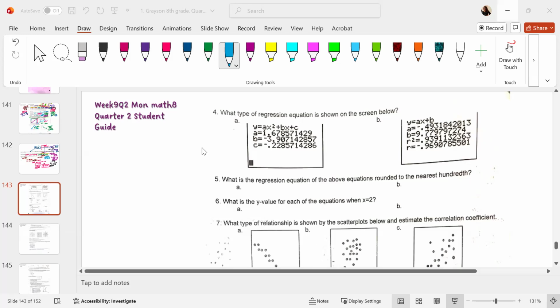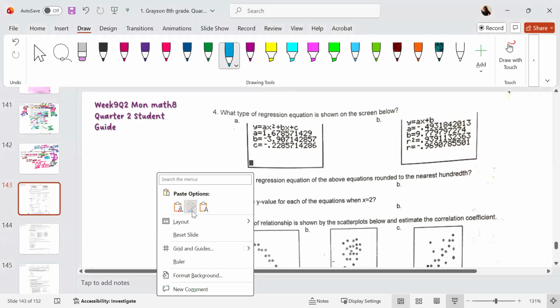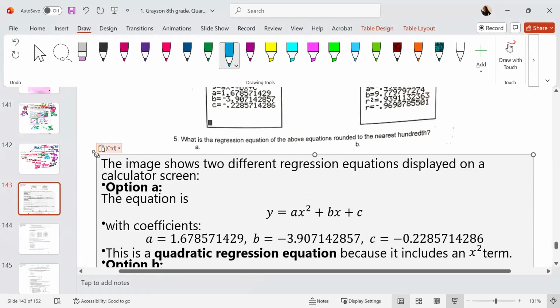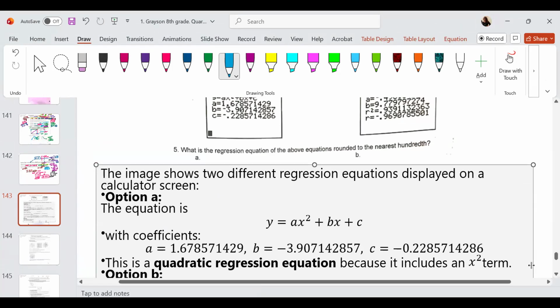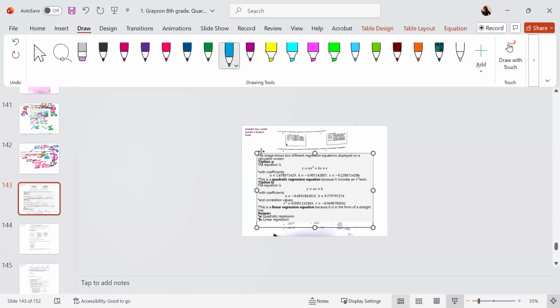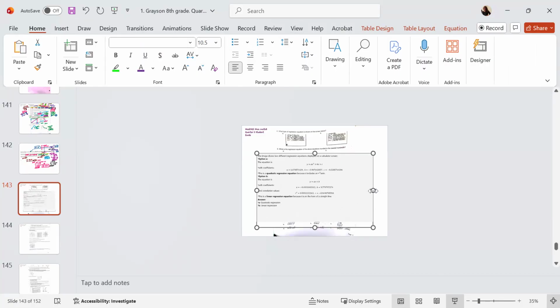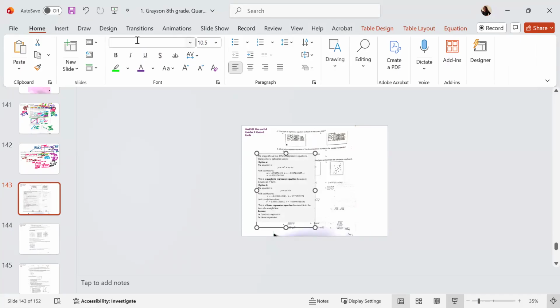Do you remember when we talked about quadratics and linear? Do you remember that? Which one do you think is going to be a quadratic? A or B? A. A, because it has a square, right? X squared. Okay, so that one is a quadratic. Is it a positive or negative in front of the x squared? Positive.